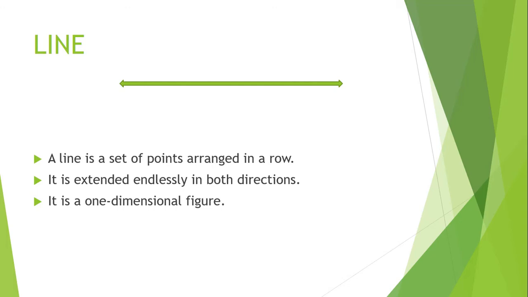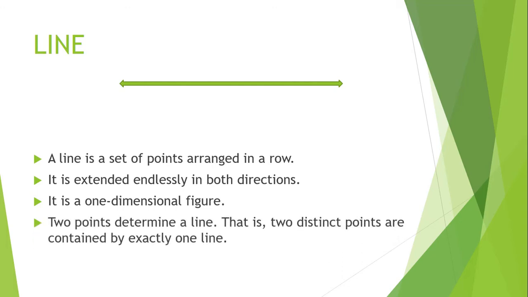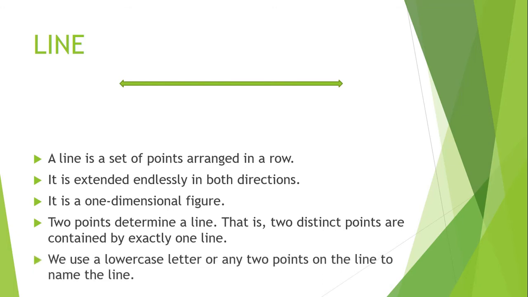And it is a one-dimensional figure. Two points determine a line. That is, two distinct points are contained by exactly one line. We use a lowercase letter or any two points on the line to name the line.